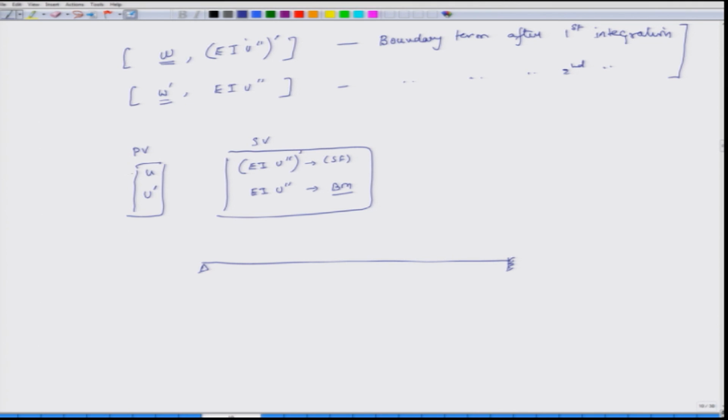So, either I specify u and boundary bending moment or u prime, or so combination of these two. So, at a pinned end my displacement is 0, right, and corresponding to the second thing my bending moment is 0, and at the fixed end, at the rigidly fixed end cantilever, my u prime, which is deflection, is 0 and the slope is 0.